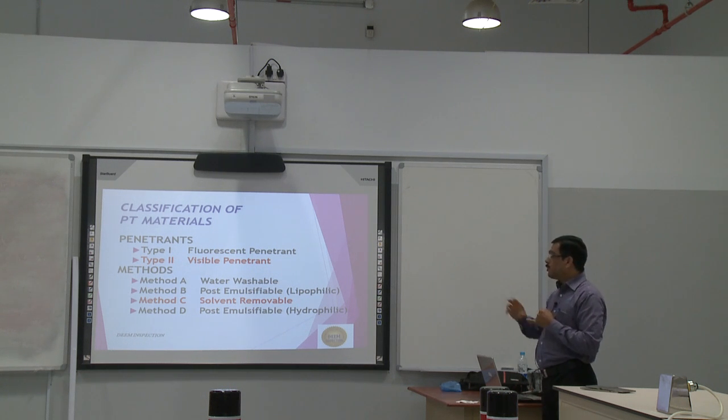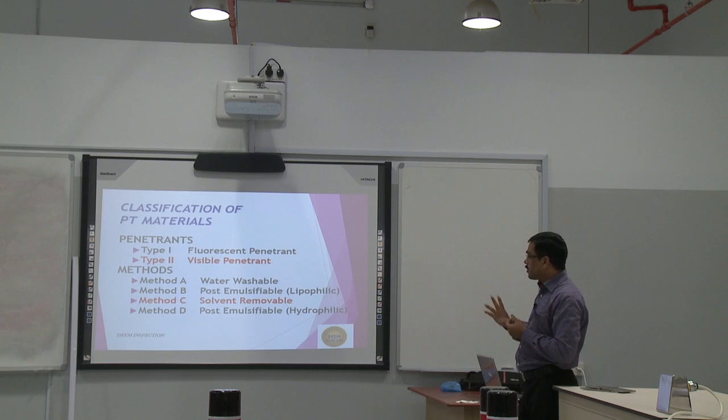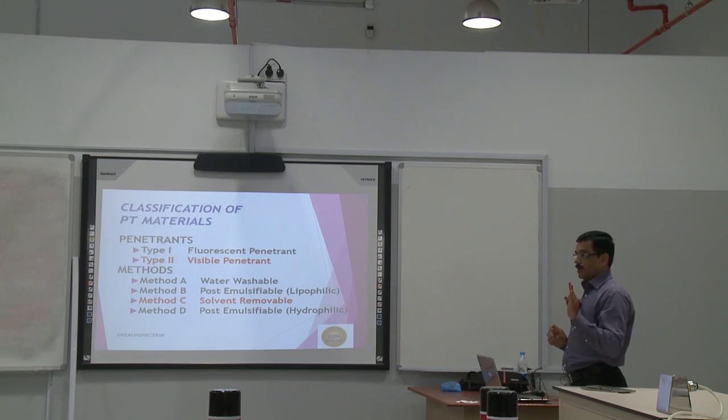The second one, type 2, is visible penetrant. Fluorescent penetrant we cannot see without a fluorescent lamp. So one is type 1 fluorescent and type 2 visible penetrant.